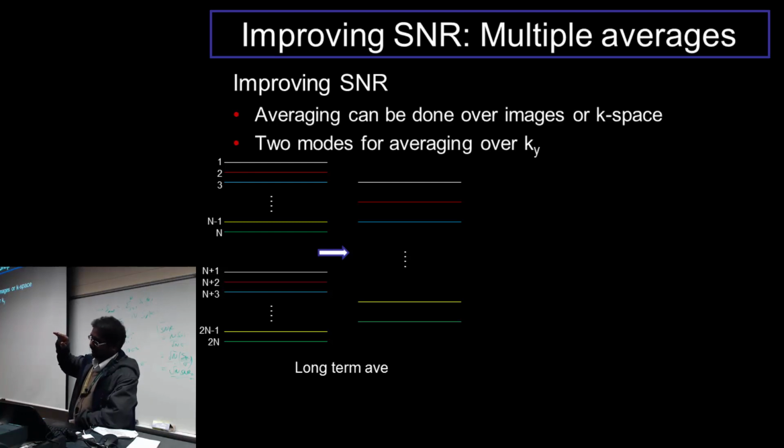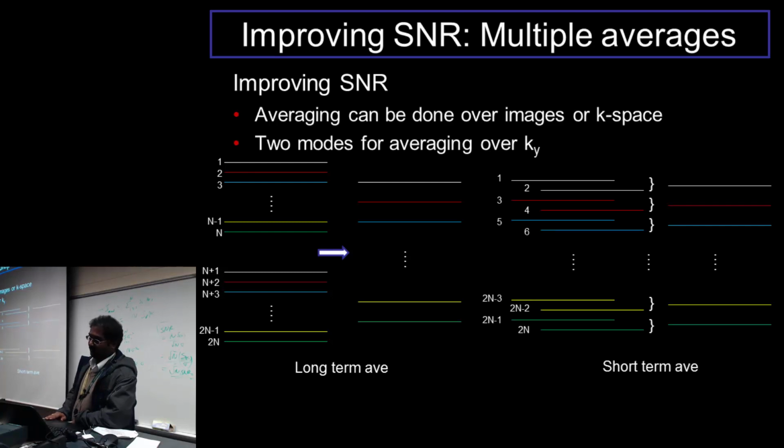You acquire the first k-space line, second, and so on till N, and then follow it up with the next acquisition: N acquisition 1, N acquisition 2, and then you average that. That's long-term averaging, meaning you're acquiring one full data set every time, and then you can save that.